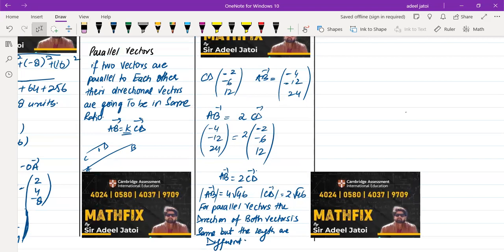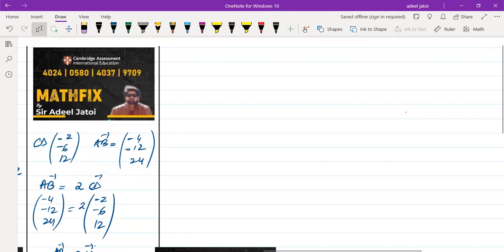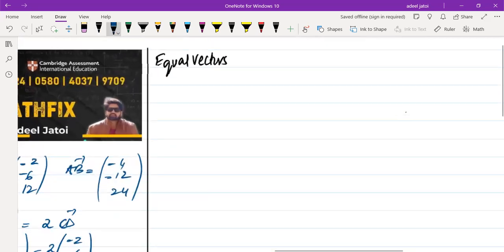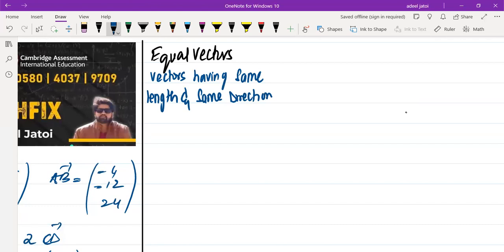Then what do we have? We have equal vectors. Equal vectors are very easily understandable: vectors having the same length and the same direction.